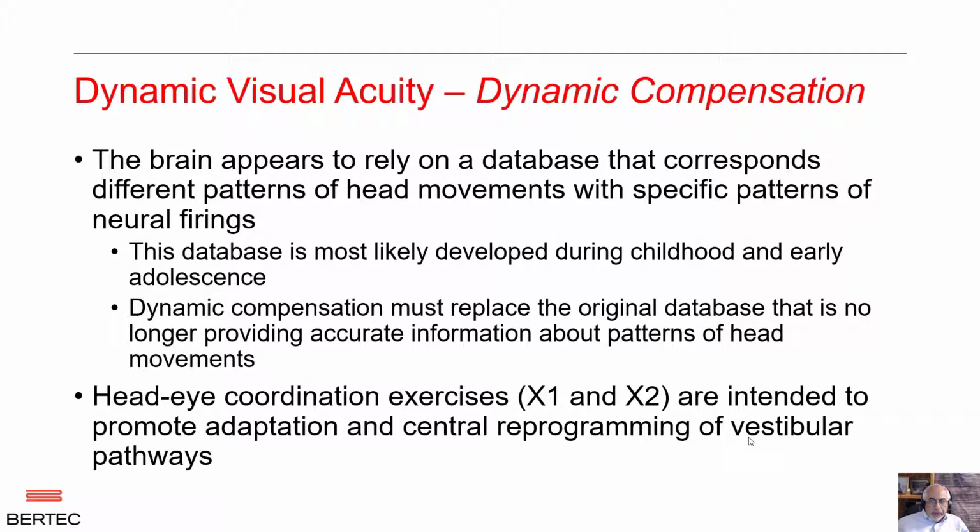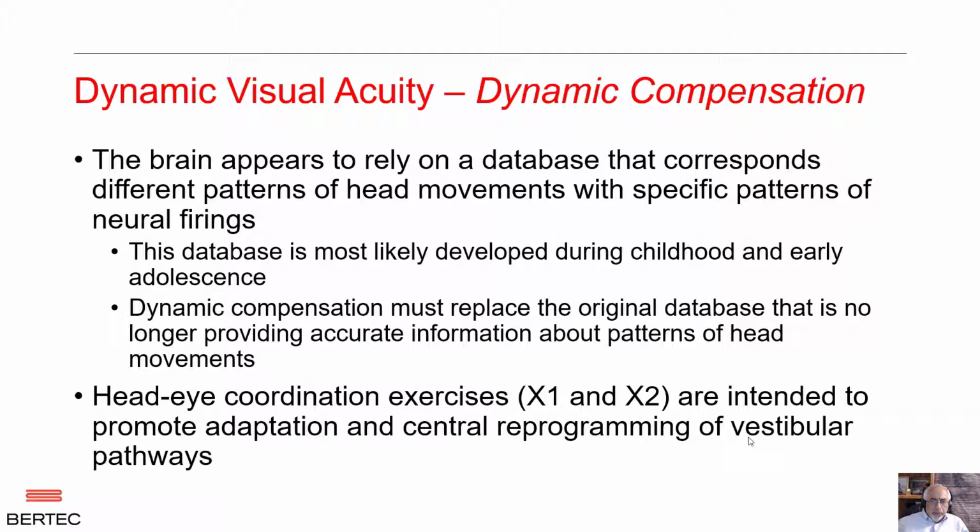This database is probably formed early in life, which may explain why children can engage in the type of movements that may not be easily tolerated in older ages. In fact, part of the play activities in childhood may be related to the formation of this database.